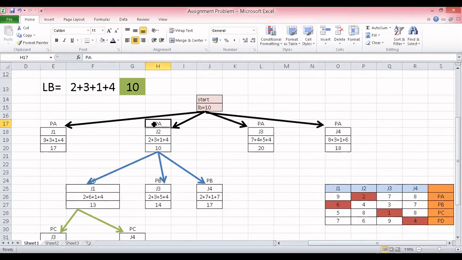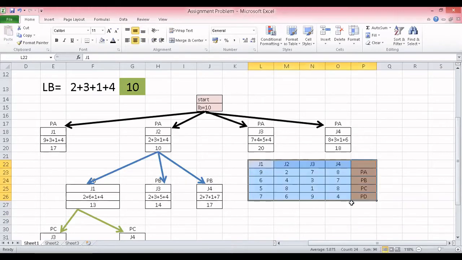If I assign job 2, what is the cost? If I assign job 3, what is the cost? If I assign job 4, what is the cost? Now I am going to teach the students how I got these values. I have the same table which they have given me as the question.